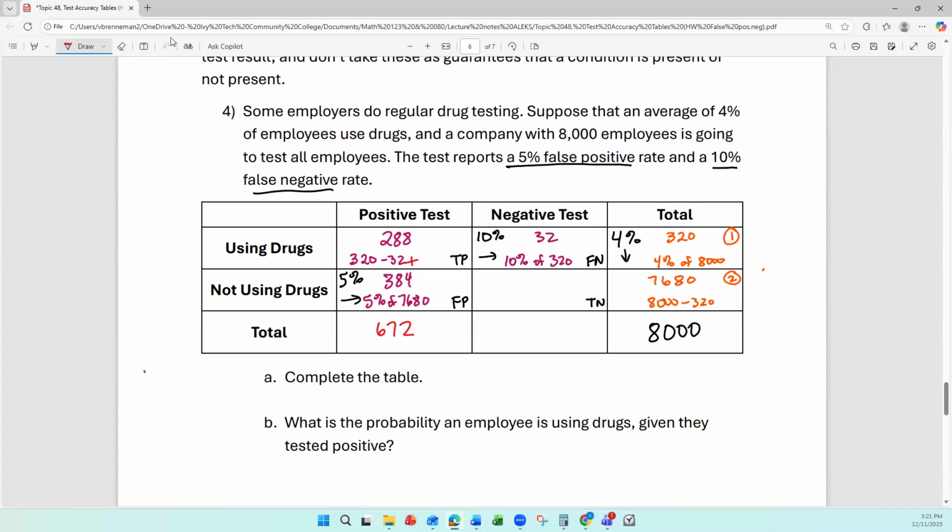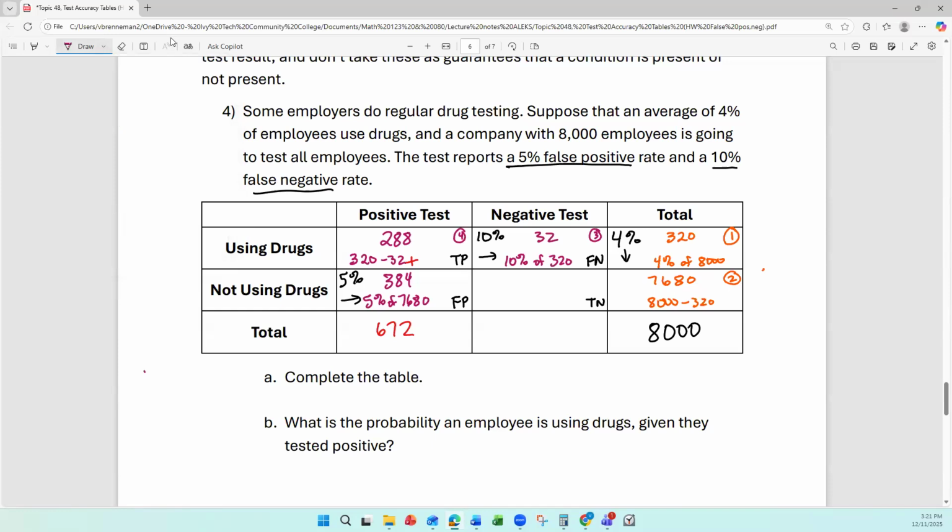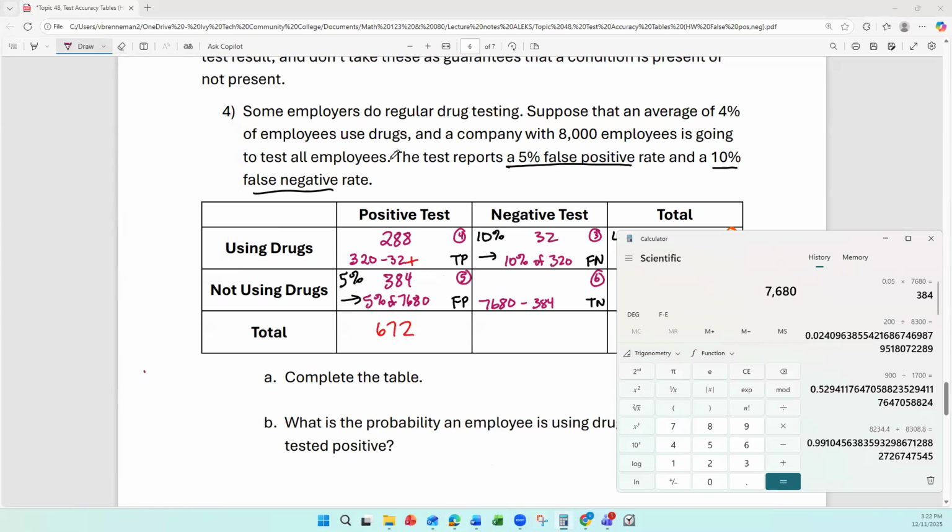But again, if they know this information, they can figure out that these positive tests don't actually for sure mean that these people are using drugs. Now, the other thing that happens is the rest of the 7,680, which is 7,296.